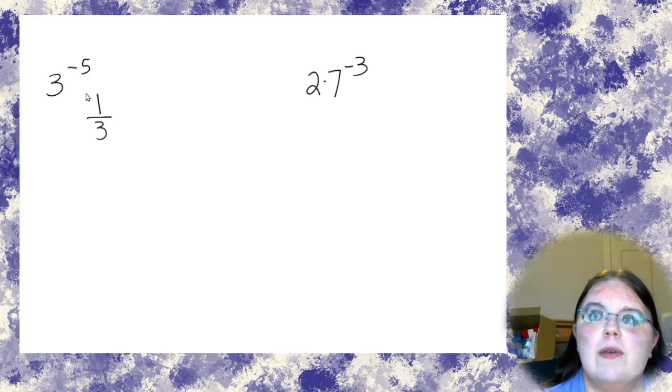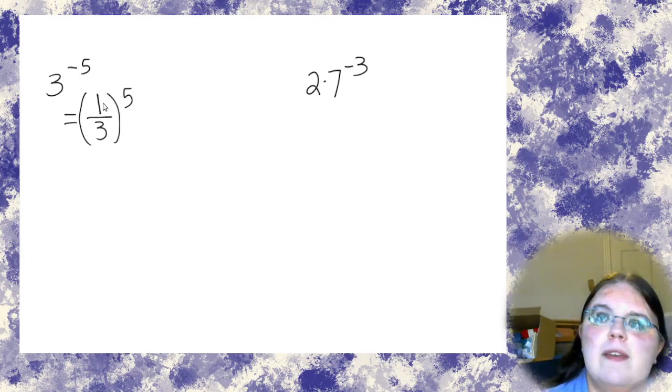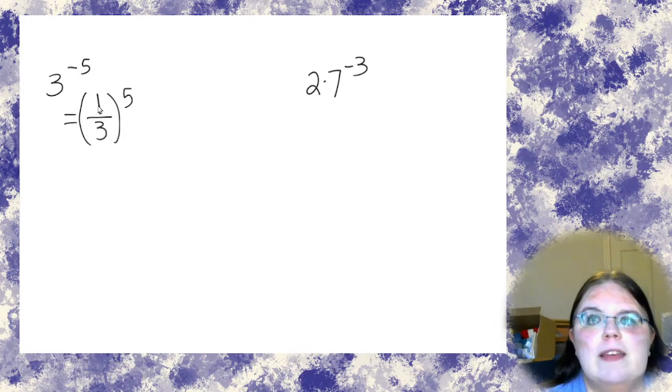So let's do (1/3) to the power 5. So that's a way we can expand that out and see what's going on here. We know that if we raise 1/3 to the power 5, that's really only going to change anything in the denominator because 1 to any power is still itself. So what we've really got here is 1 over 3 to the power 5.